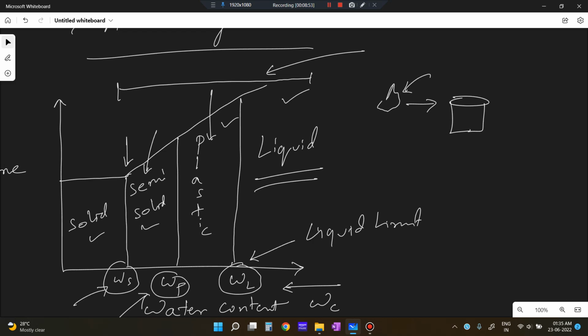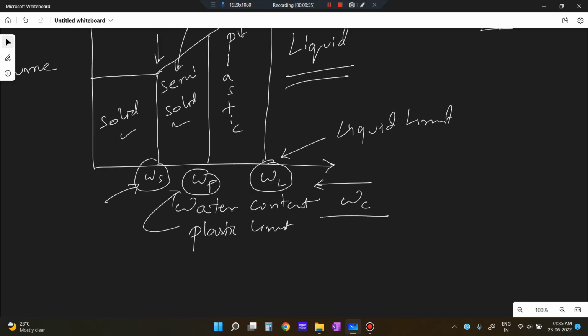So this WS is known as the shrinkage limit. If we decrease the water content beyond the shrinkage limit, there will be no change in volume, and the soil will start to dry up at the surface, and it will be no longer fully saturated.